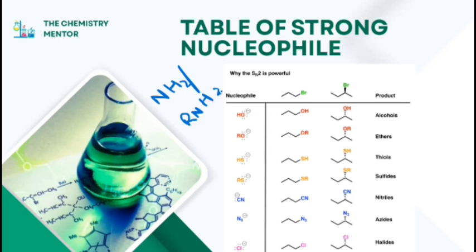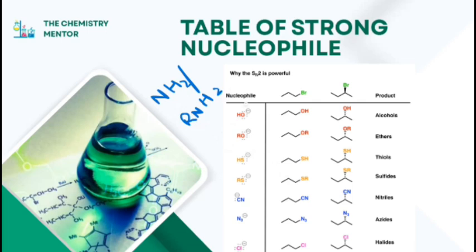Can anyone tell me what is the difference between NH2 and RNH2? NH2 is just a molecule and RNH2 is showing you the whole molecule, the complete one. R represents the alkyl group, as I have told you before. Now amines are good nucleophiles.